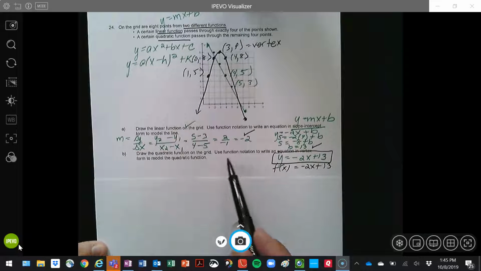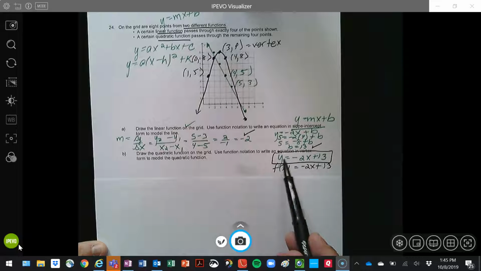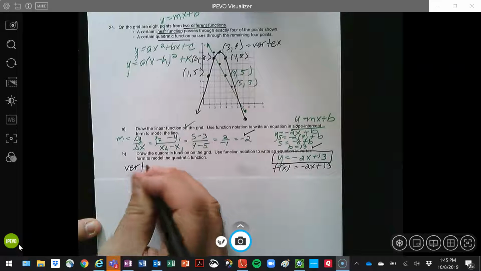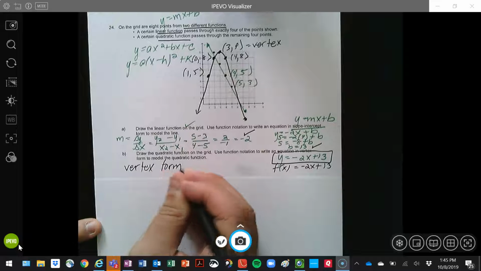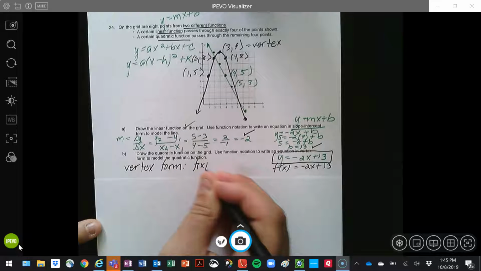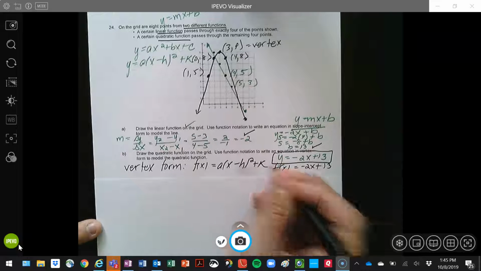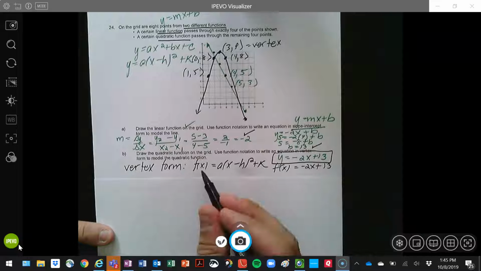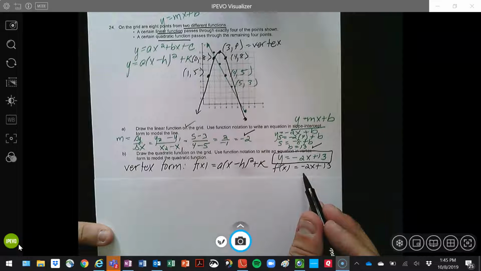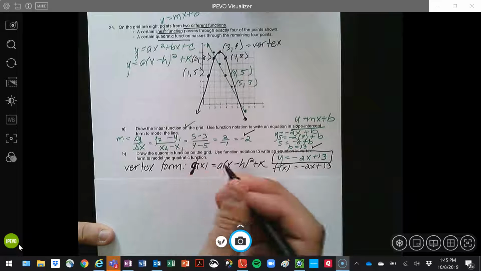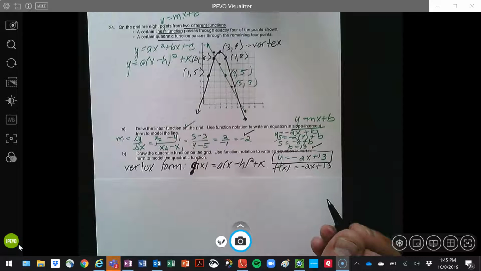In part B, it says use function notation to write an equation in vertex form. Vertex form, as we've already talked about, is f of x equals a times x minus h squared plus k. I don't like f of x here because I'm already using f of x. So I'm going to call this g, just some other function name.